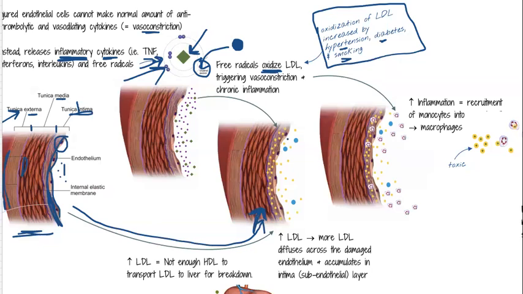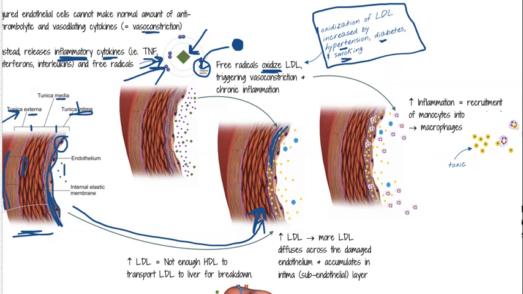So once these LDL have been oxidized, they burrow down into that basement membrane. You can see down here, I tried to make it look like they were under there.